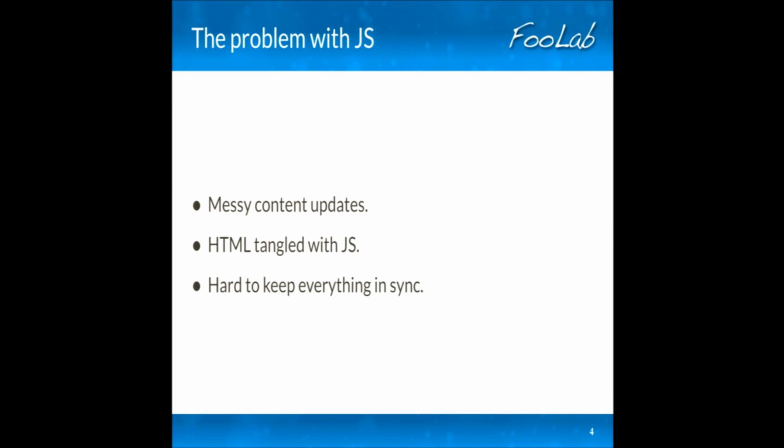You have all of those, and they may interfere, and you might get your JavaScript tangled with HTML because the JavaScript will have to put the variables inside and then send it to the div. It's also hard to keep everything in sync. Say this updates that block, you should also update another block based on that data, and so it gets all messed up. It's no longer in sync.